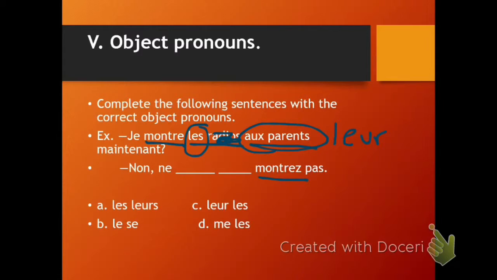So we know we're going to have les and leur. Now we have to decide their order. Because it's les and leur, we know it can't be B, and we know it can't be D. Now, if you recall from our notes, les is always going to go in front of leur, so it can't be C. Our correct answer for this is going to be A.